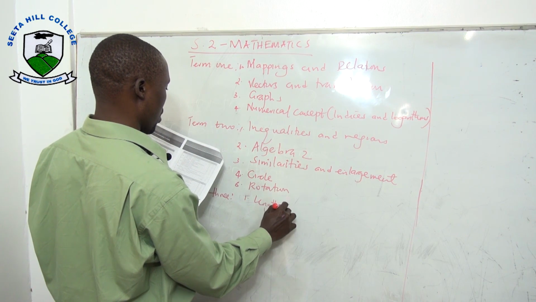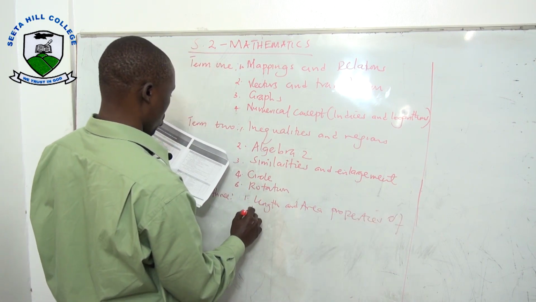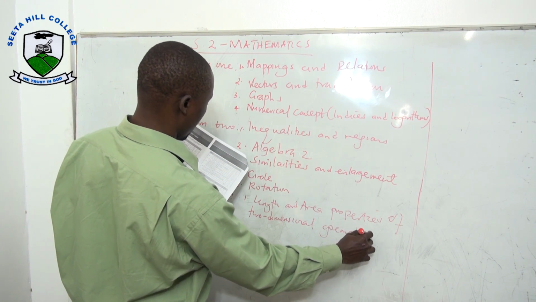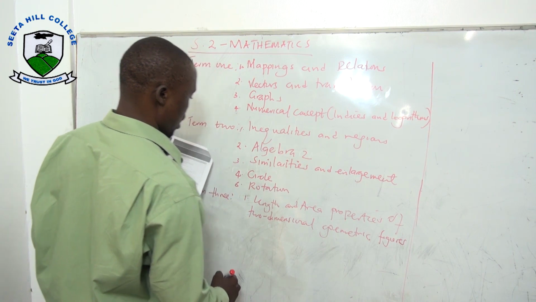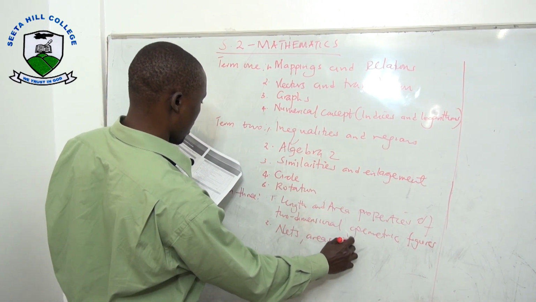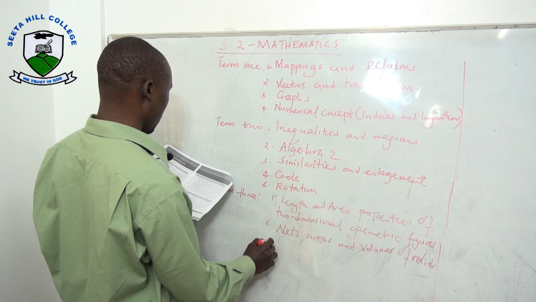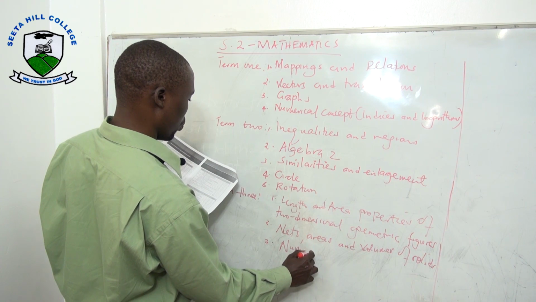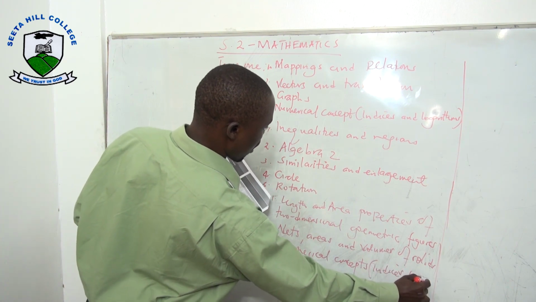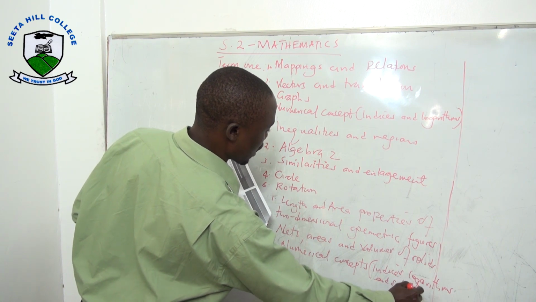gets you to length and area, properties of two-dimensional geometric figures. 2, nets, areas and volumes of solids. 3, numerical concepts 2, still a continuation of indices, logarithms, and an introduction of surds.